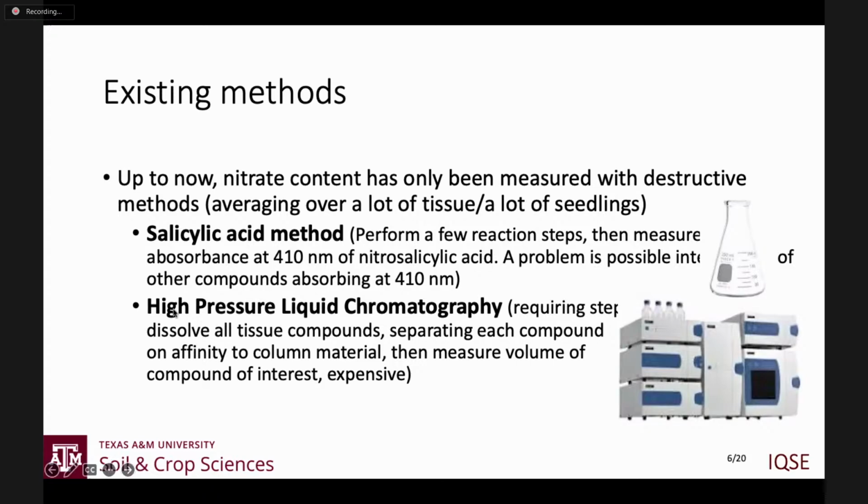The other one that is maybe more known among different disciplines is high pressure liquid chromatography. This is also a method that is not so cheap, although these machines are not that expensive, according to me. It seems like $20,000.